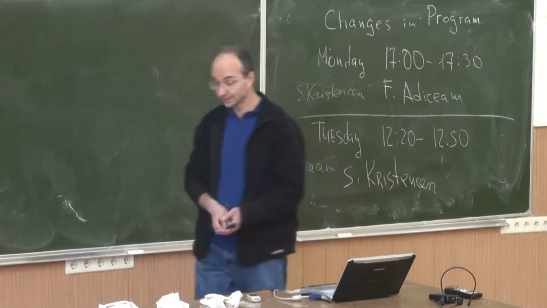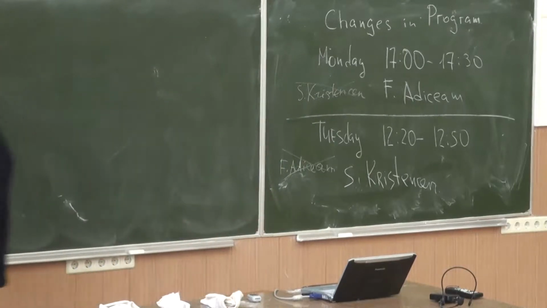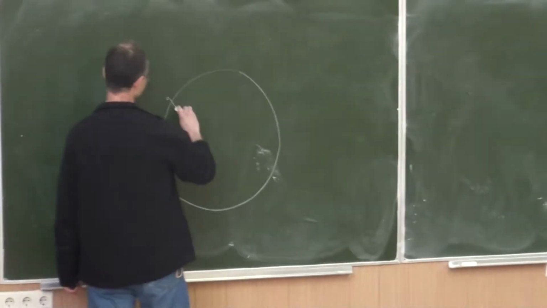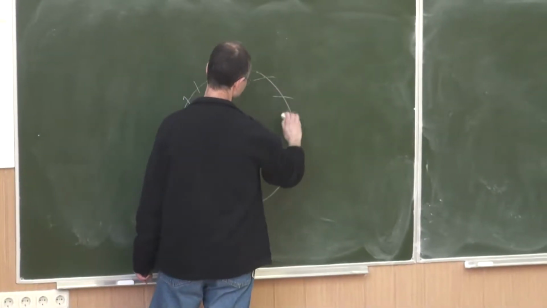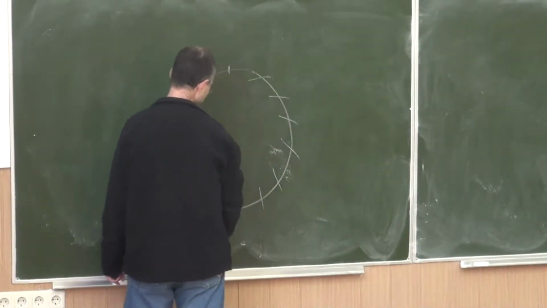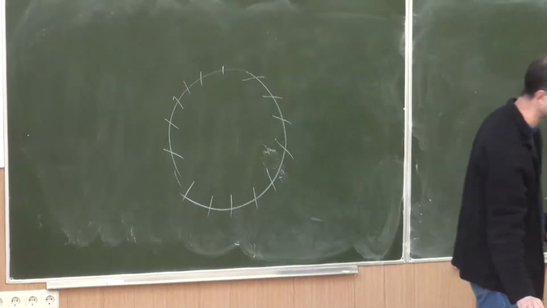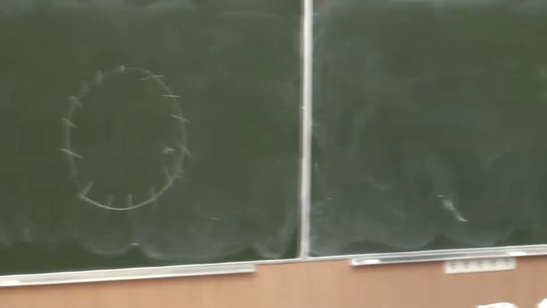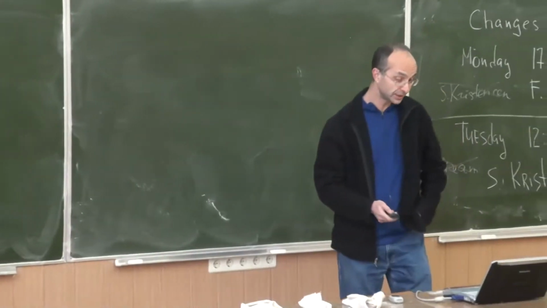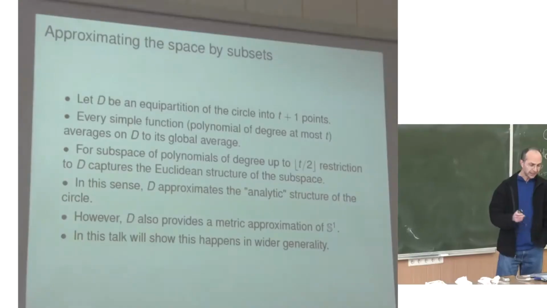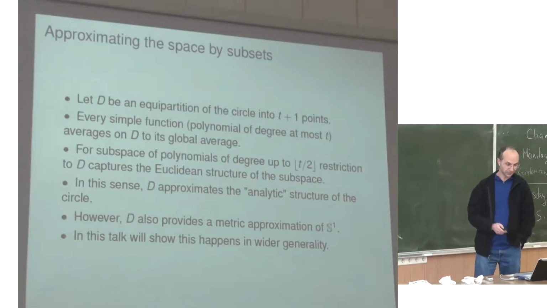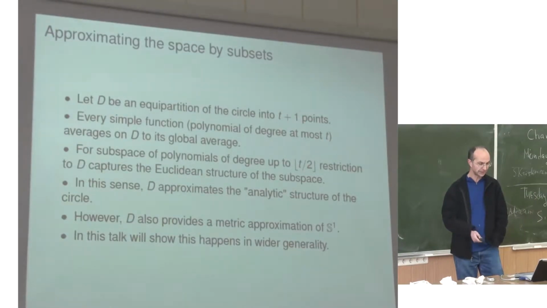We have a circle, and we divide it into this equipartition, so every point of the circle is nearby a point of the equipartition. So we have approximation in two notions: the metric notion and the analytic notion. And what we are going to try and argue in this talk is that this happens not only for this one.